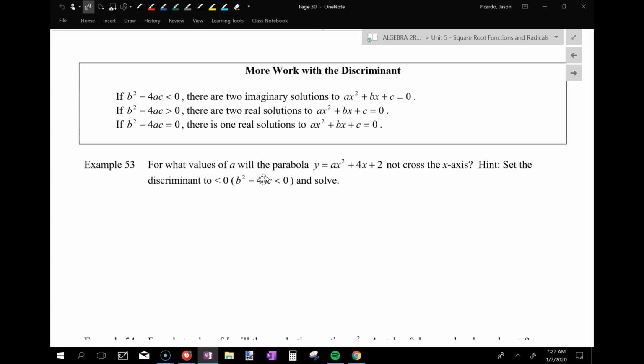So what had to happen for each of those 3 scenarios to occur? Well, if the discriminant was negative, what did we know about the roots? Imaginary, very good. If the discriminant is 0, are the roots real or imaginary? They're real. How many roots are there? Only 1. And because there's only 1, it's going to be rational, okay?